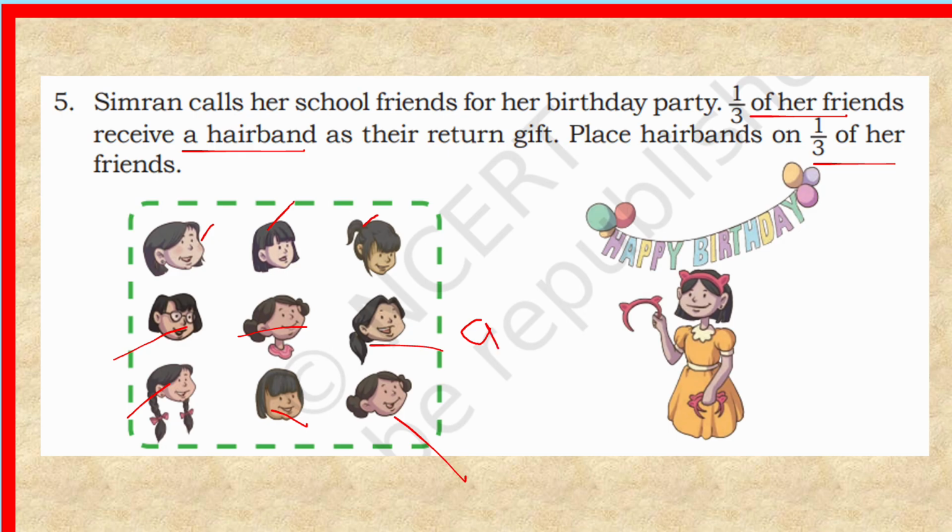That is 9 divided by 3. 9 divided by 3 is equal to 3. So only 3 got hairbands. See. 1, 2, 3. Total 9 friends. 1/3 of 9 is 3. So only 3 friends got hairbands.